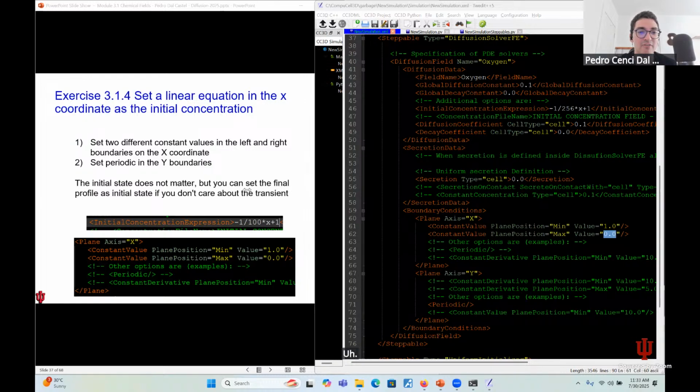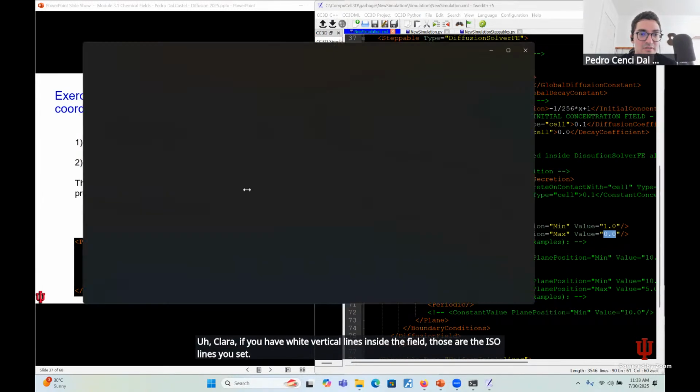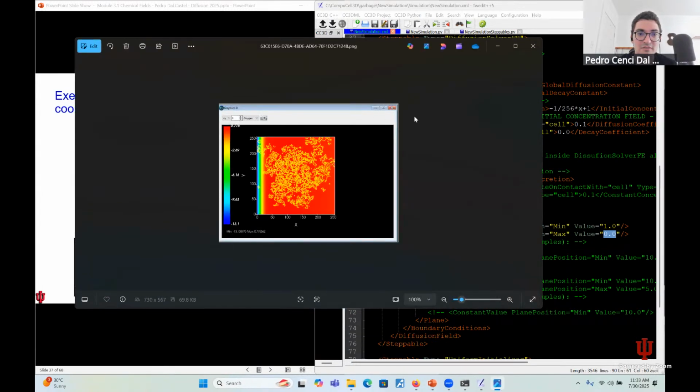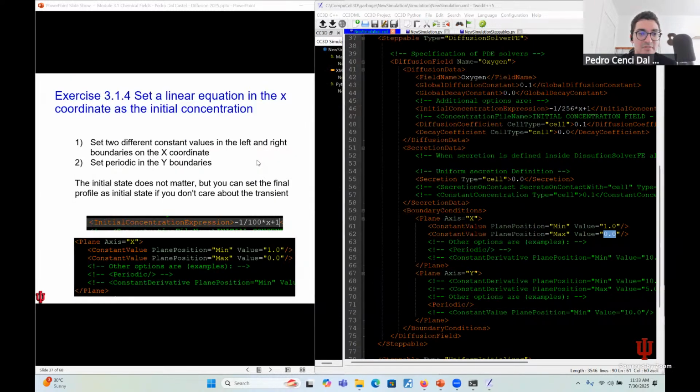Clara, if you have white vertical lines inside the field, those are the iso lines you set. Taylor has the wrong initial concentration profile, but that's okay. Van has the wrong initial concentration profile, but that's okay too.